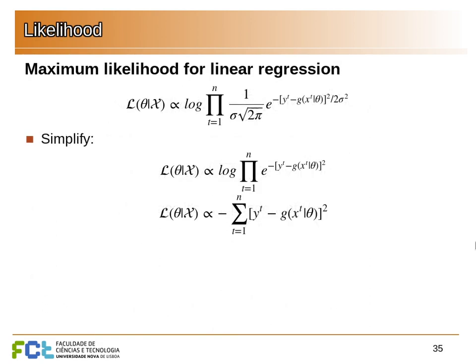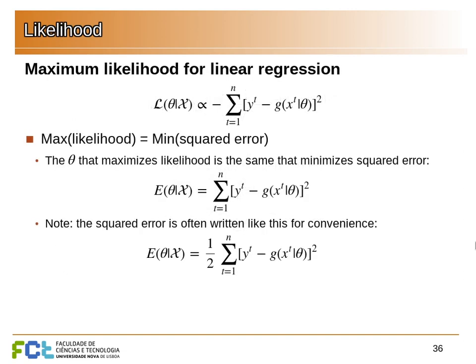And since we are trying to maximize some function, maximizing the logarithm will give us the same result. So typically, we look at the logarithm of the likelihood, and under that assumption of the normally distributed error around our prediction, maximizing the logarithm of the likelihood is the same as minimizing the quadratic error. So minimizing the sum of the square of the differences between the predictions and the actual values.